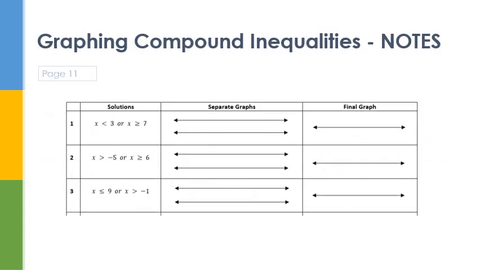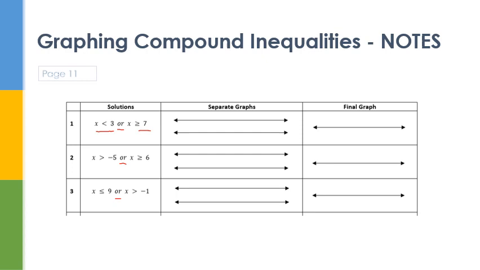Let's look at some examples of graphing compound inequalities. Do notice that all three of these are compound ors. So we are going to graph them both, no matter what. Compound or graphs both, and looks at where they overlap. So let's start here and look at the numbers that we have. I have a 3 and a 7.